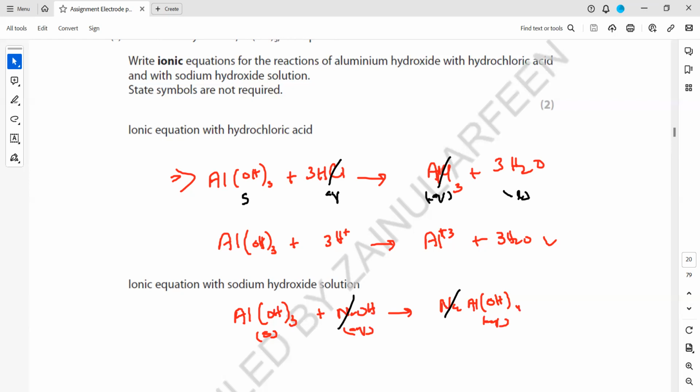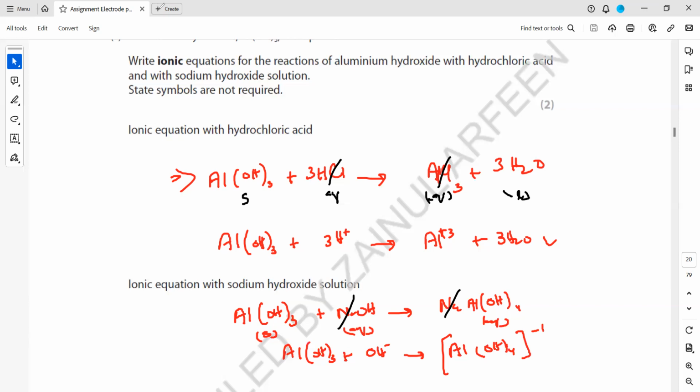We are left with aluminium hydroxide and hydroxide, which turn into Al(OH)4. And what is the charge? Because aluminum is +3 and hydroxide is -1, the total is -4 plus 3, so the net charge will be -1. So this is the ionic equation when aluminium hydroxide is reacting like an acid, reacting with an alkali.